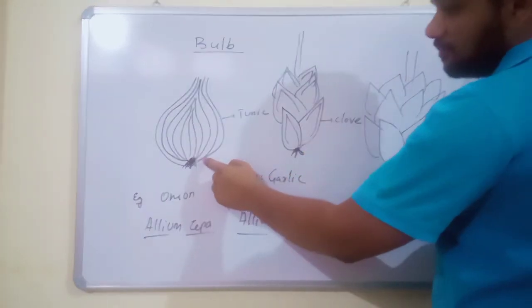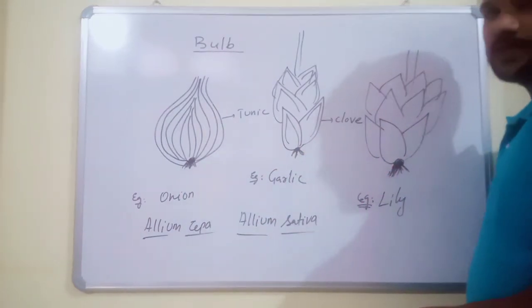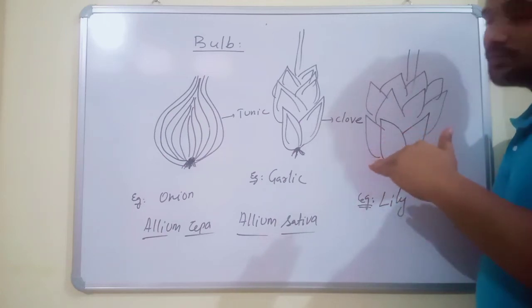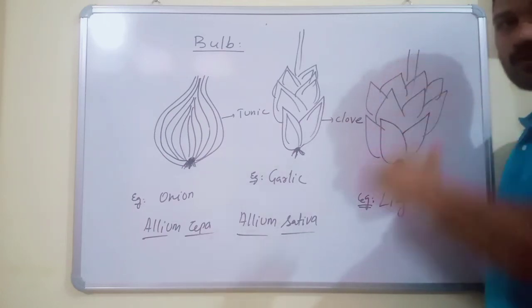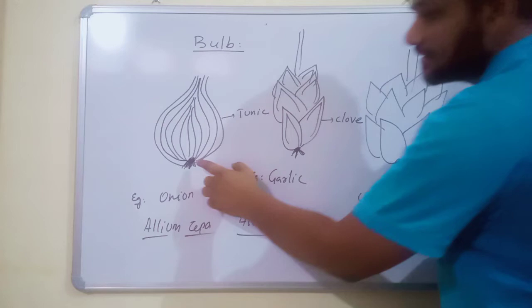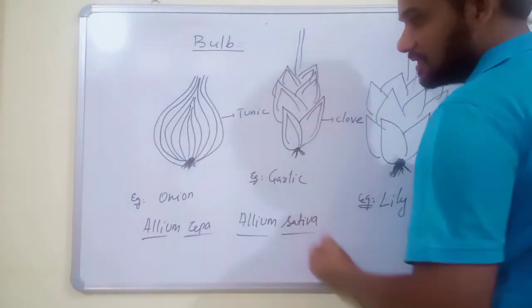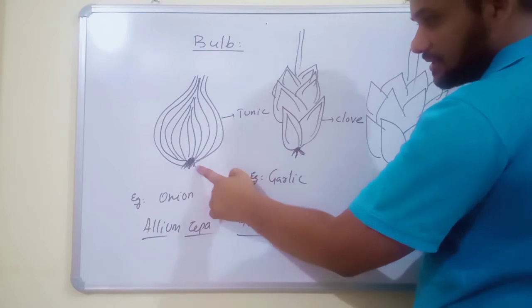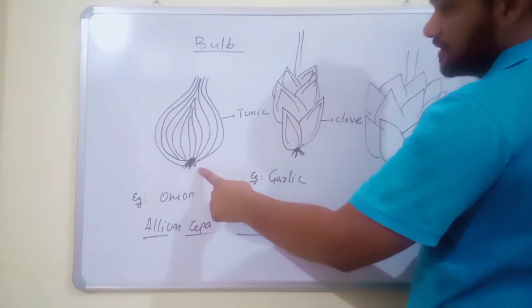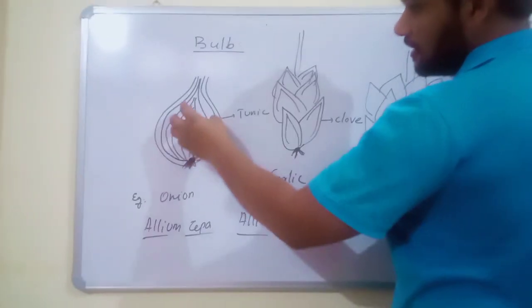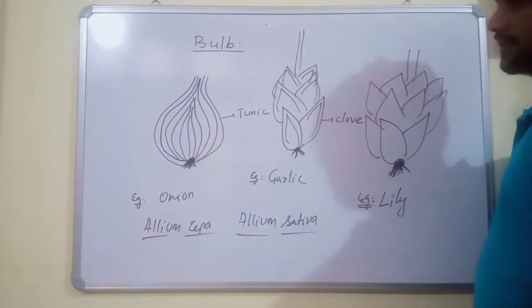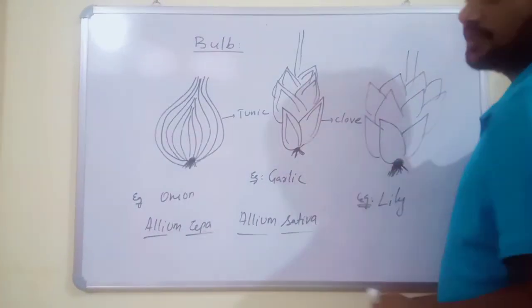But in a bulb, the stem does not store the food material, yet it is considered an underground stem modification because the stem grows below the soil. This is the highly modified stem. The modified stem produces a disc-like structure, and below the disc-like structure many adventitious roots are present. And above it many scale leaves are present, and such an underground stem is called a bulb.